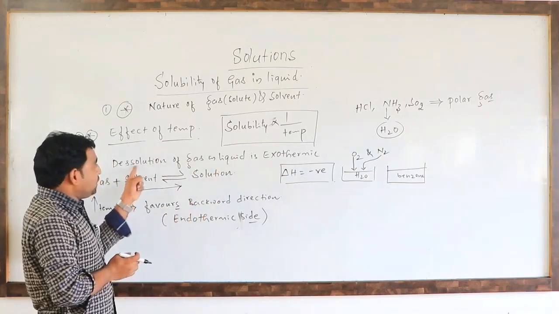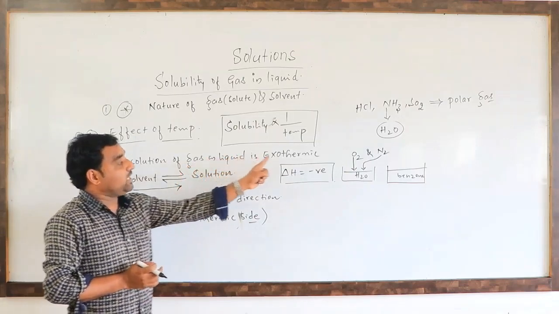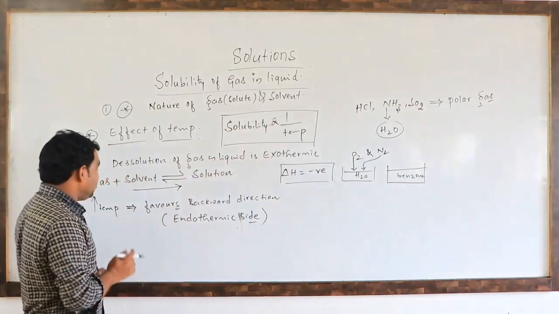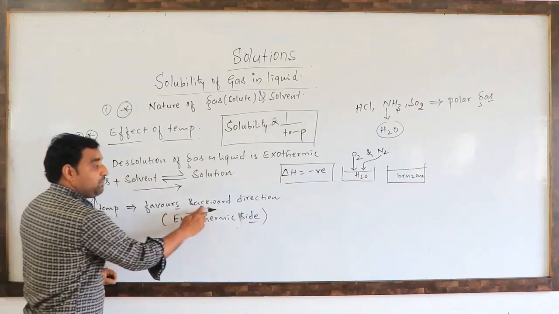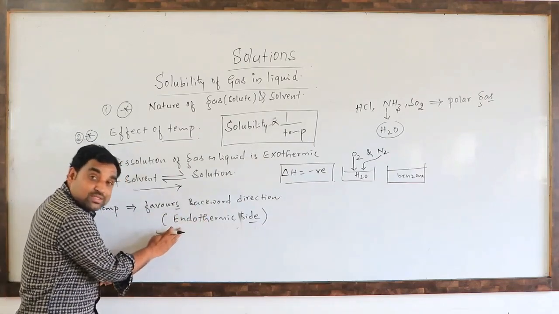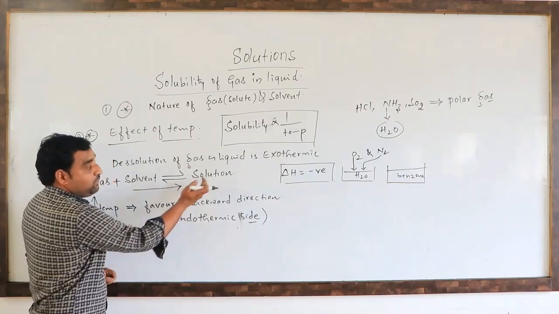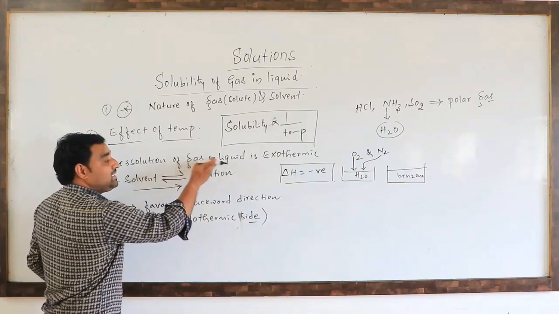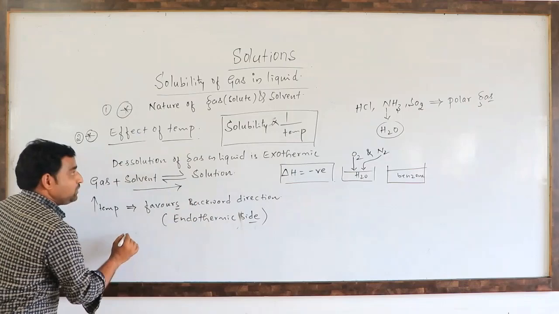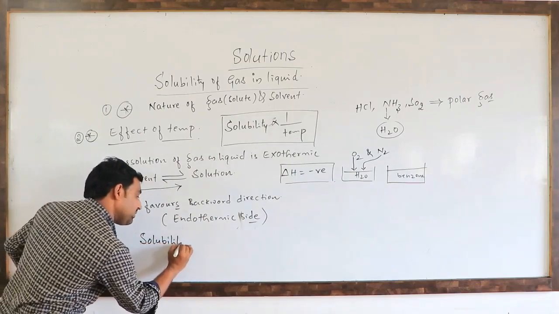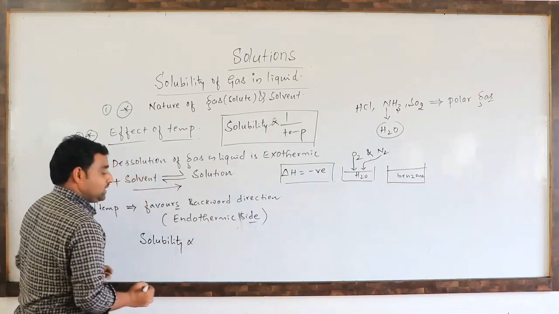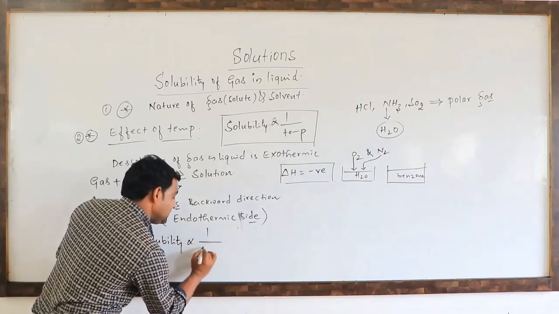So if the dissolution process of a gas in a liquid is exothermic, according to Le Chatelier's principle, with an increase in temperature the reaction moves towards the backward direction, towards the endothermic side. So the solubility of a gas in a liquid decreases with increase in temperature.